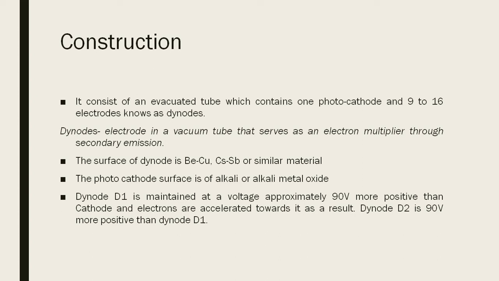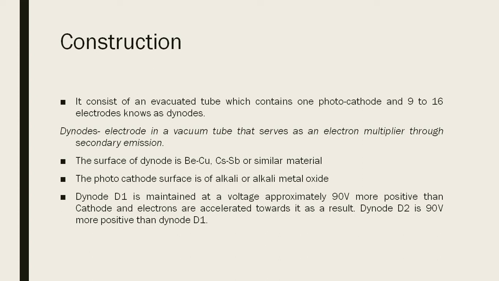Diodes are the electrodes in a vacuum tube which serve as an electron multiplier through secondary emission. The surface of diode is beryllium copper, cesium tin or any similar material. Photocathode surface is of alkali or alkali metal oxide.